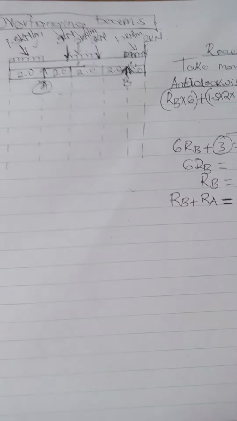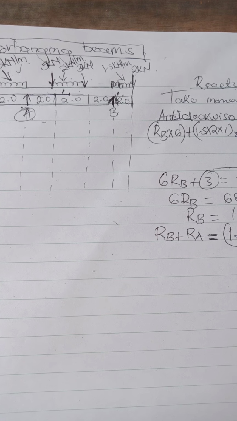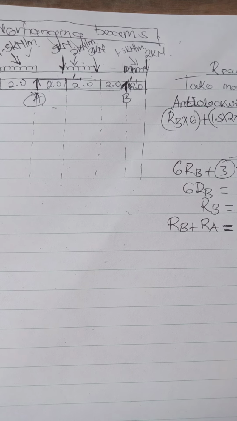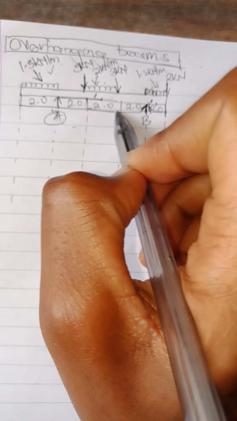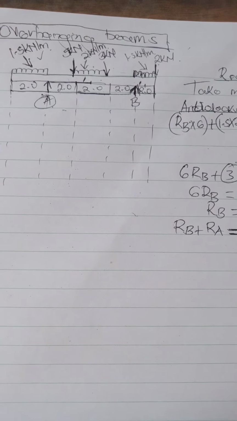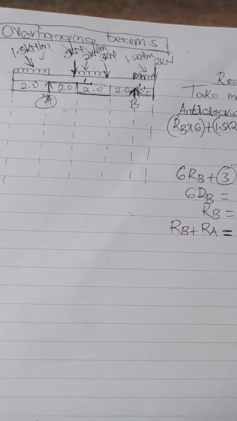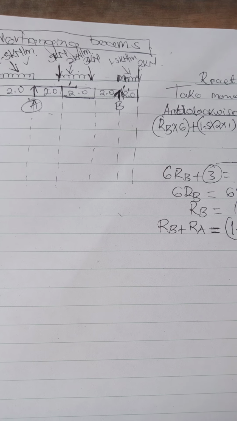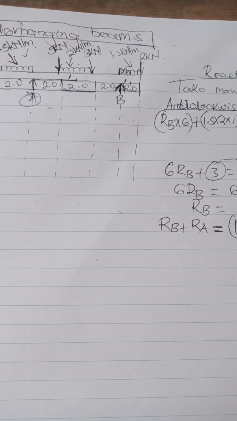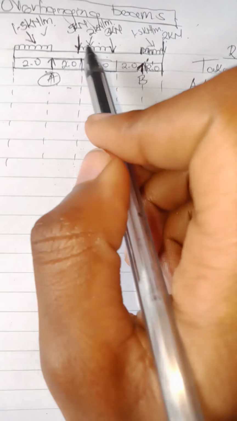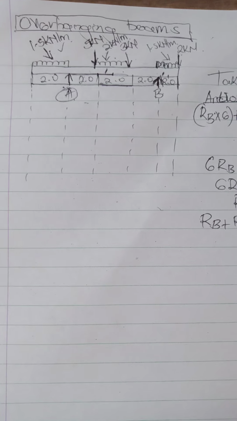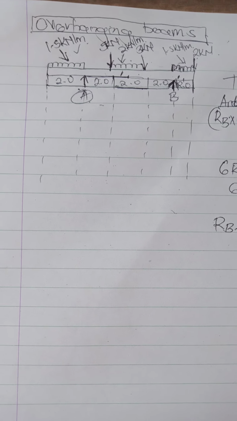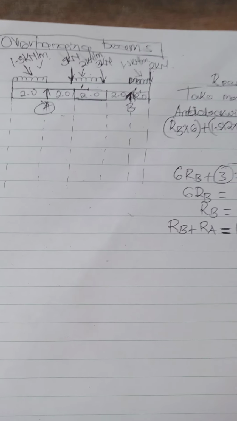Then we add 5 kilonewtons, which is a point load, plus 2 kilonewtons times the distance acting. And then we add the 3 kilonewtons here, which is a point load. We come again, we add the 1.5 times 2 plus 2.